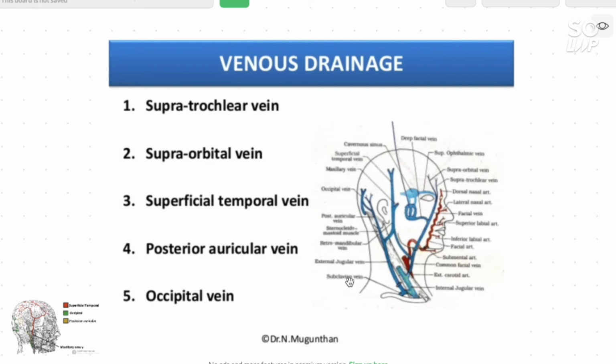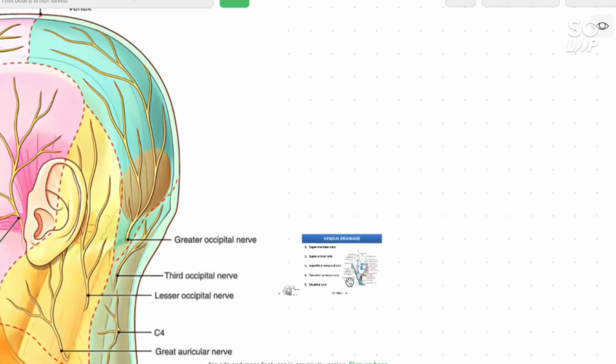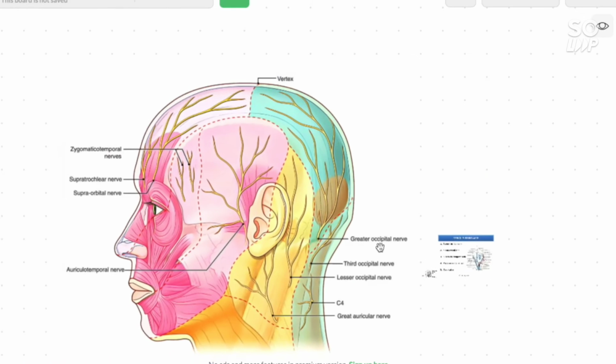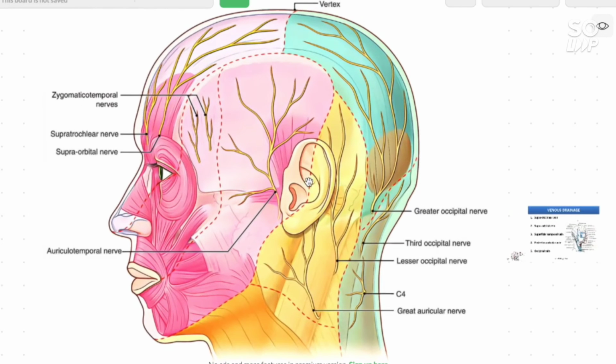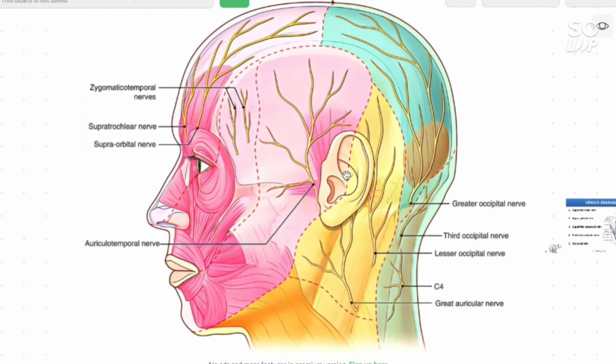Now let's talk about the innervation, the nerve supply of your scalp, which is not hard, it's simple. Remember, the scalp receives cutaneous innervation from six main nerves, which arise from two sources, that is your trigeminal nerve or your cervical nerves.